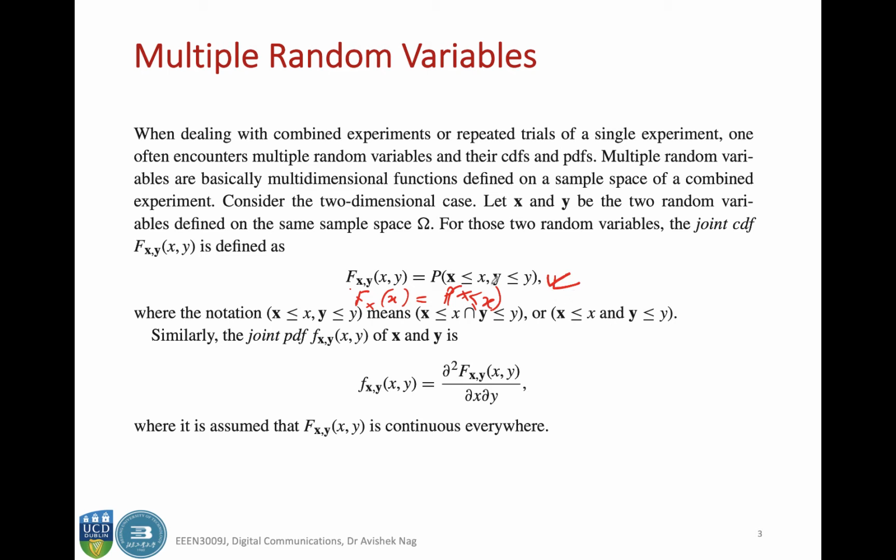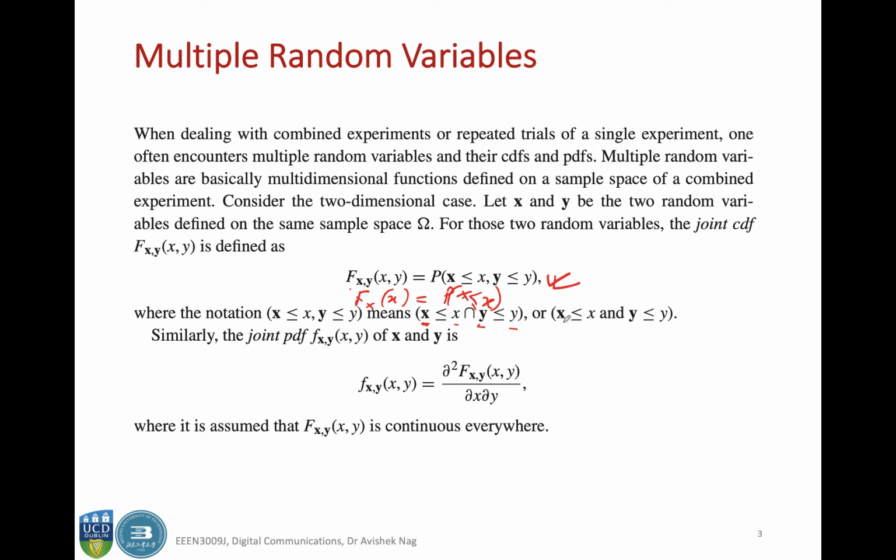And basically when you have a comma like this, x less than or equal to small x comma y less than or equal to small y, this means x taking a value less than or equal to small x and the intersection of the case where y takes a value less than or equal to small y.